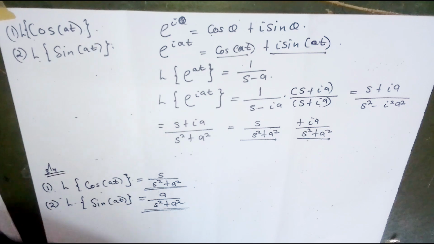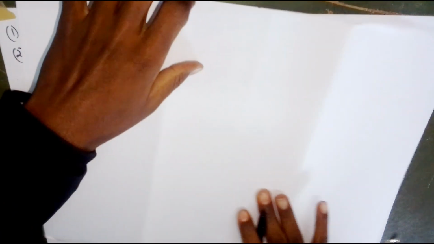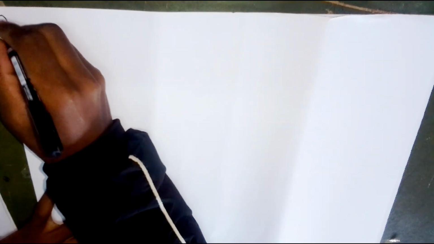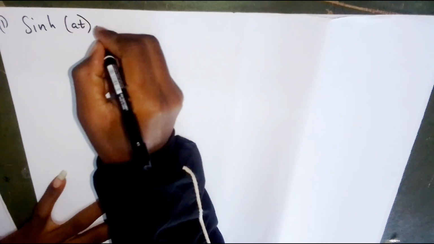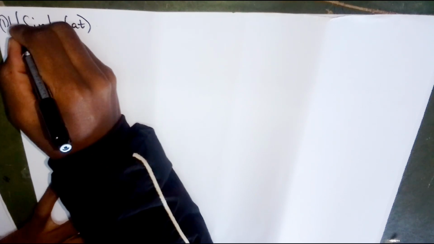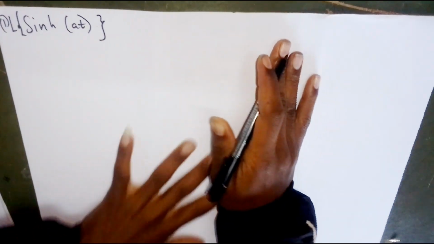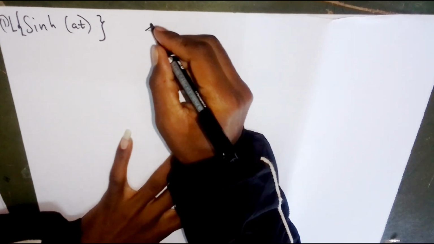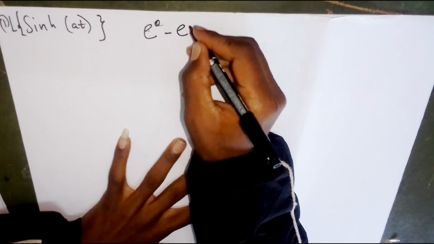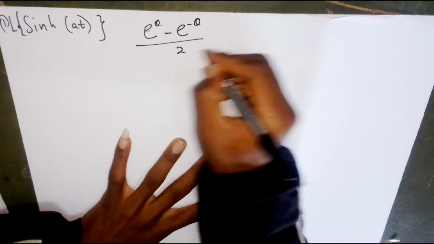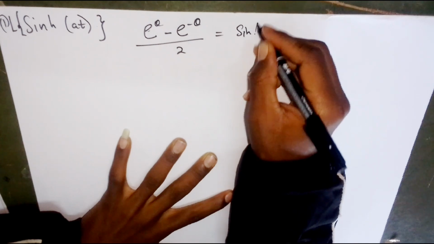So next, let us look at the Laplace transform of sine at. Let's look at the Laplace transform of sine t. So for the Laplace transform of sine at, we know that (e to the power i theta minus e to the power negative i theta) over 2i is equal to sine theta.